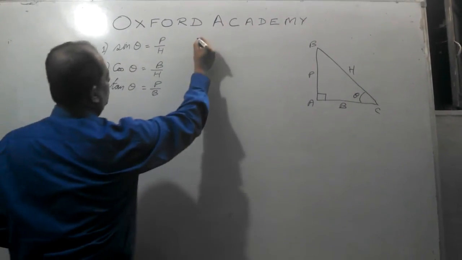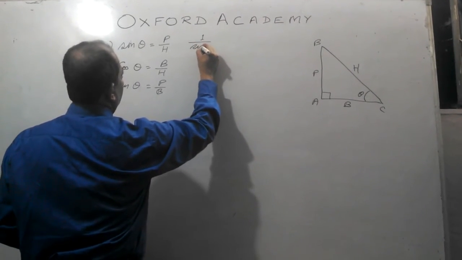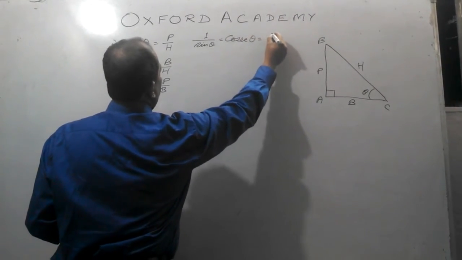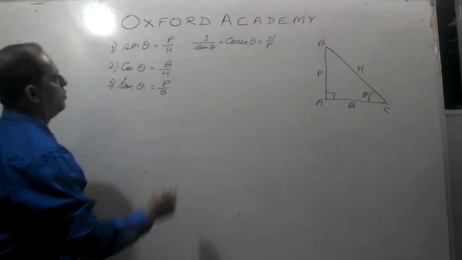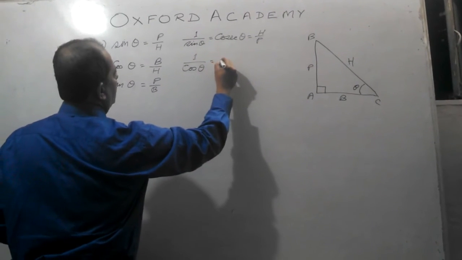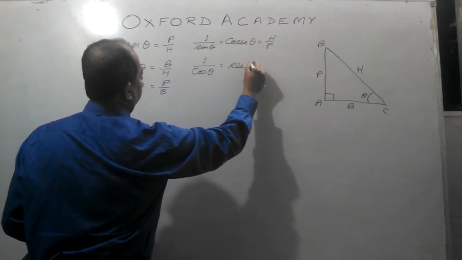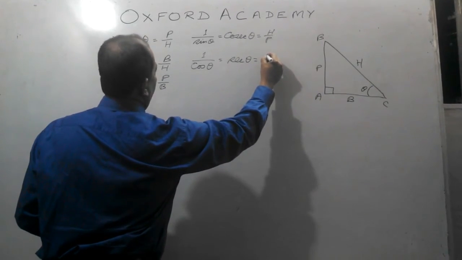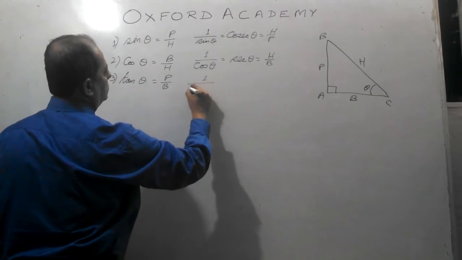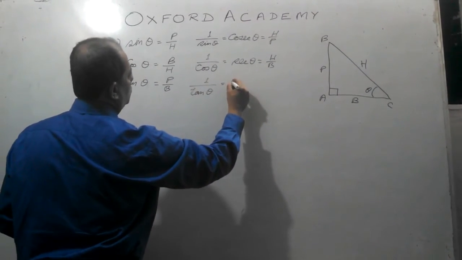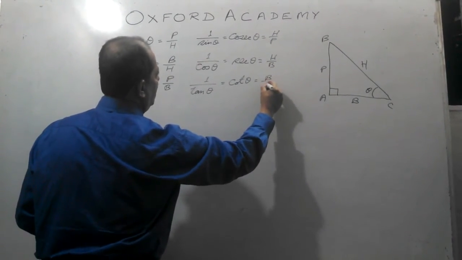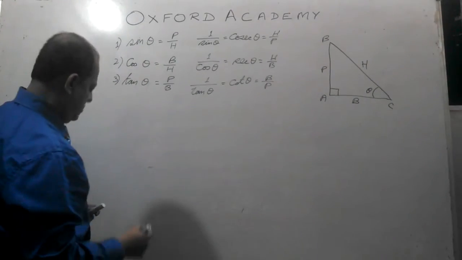Now we will see that 1 by sin theta is cosec theta, which is equal to H by P. 1 by cos theta is sec theta, which is equal to H by B. And 1 by tan theta is equal to cot theta, which is equal to B by P. Right?